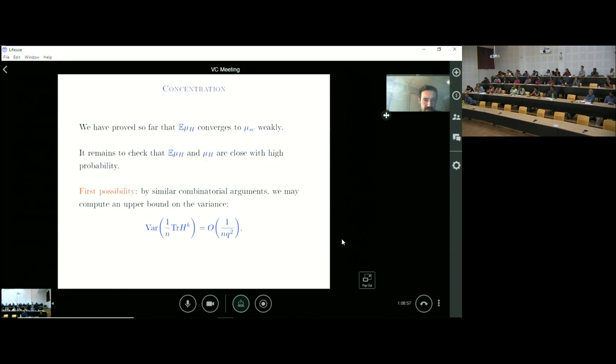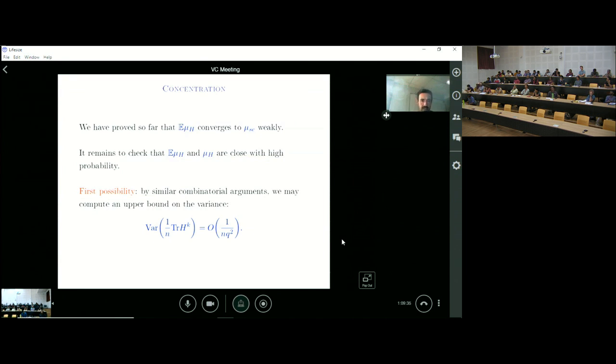I skip all details, but you will obtain that the variance of 1 over n trace of H to the k is of order 1 over n q squared. The underlying constant depends on k. So in particular, since q goes to infinity, or even since q is bounded, the variance goes to 0.